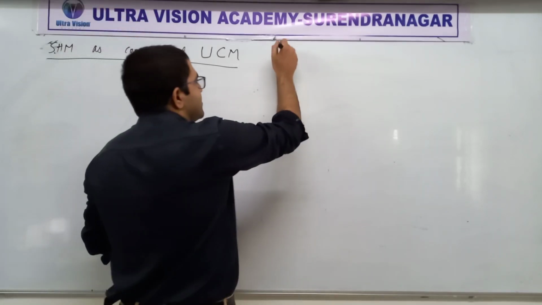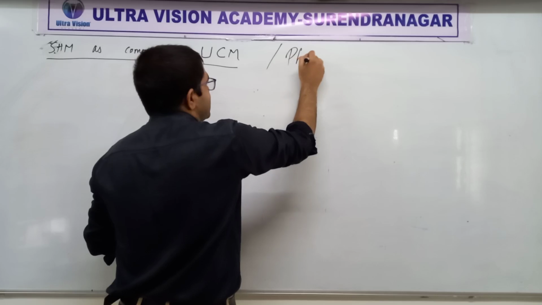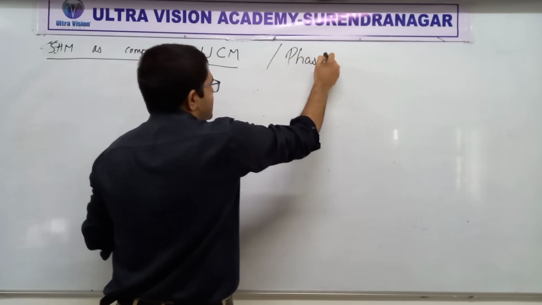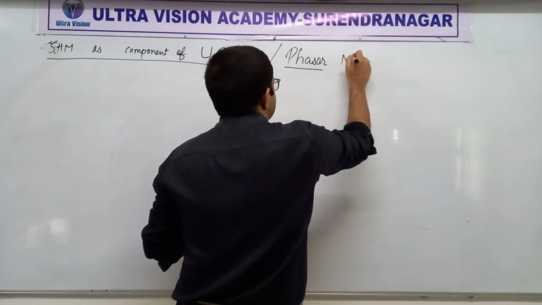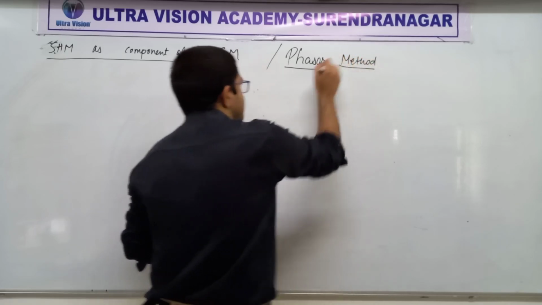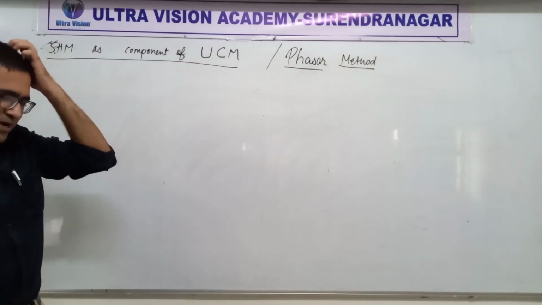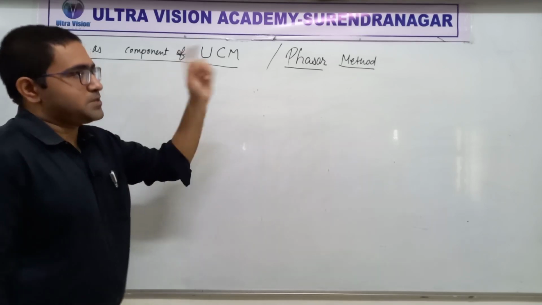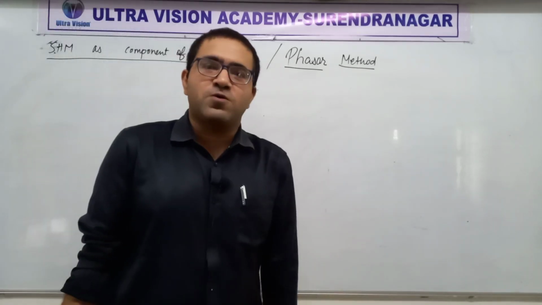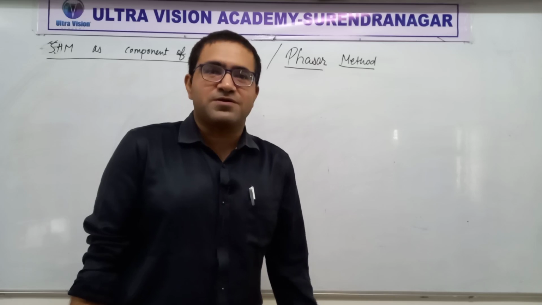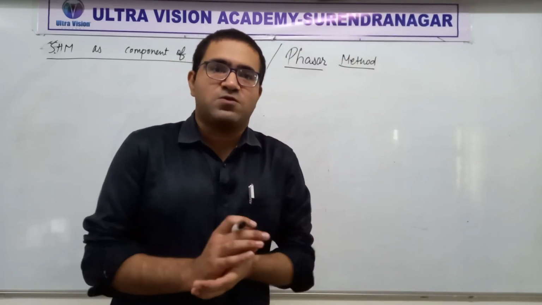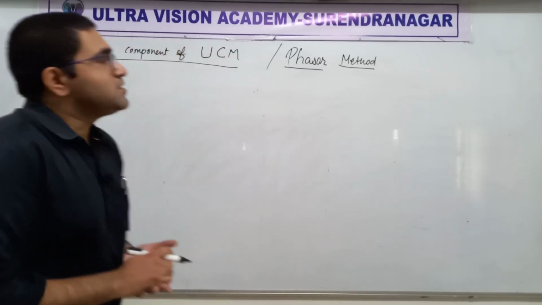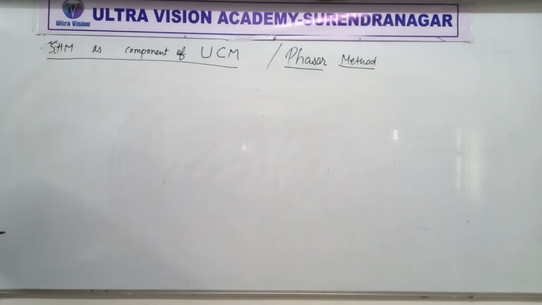But another way to get the same result is to use the phasor method. Why do I insist on the phasor method? Because later on, when we go to some chapters of 12th standard, you need the phasor method. It's a very simple, very quick way to get answers. But like I said, there's no difference between these two, remember.